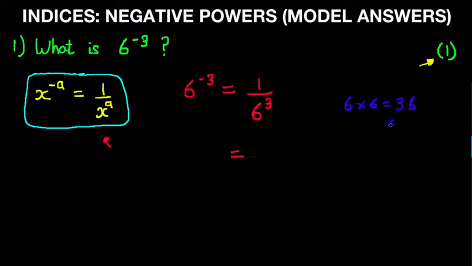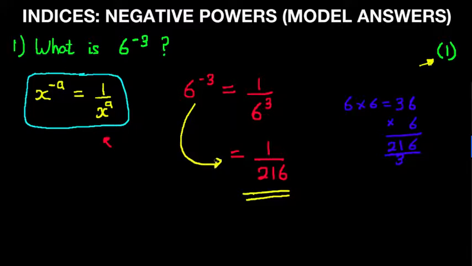And then we can do times 6 again. 6 times 6 is 36, 3 times 6 is 18, plus 3 is 21. Therefore, our answer is 1 over 216. And I'm just going to underline that. So 6 to the power of minus 3 becomes 1 over 216.